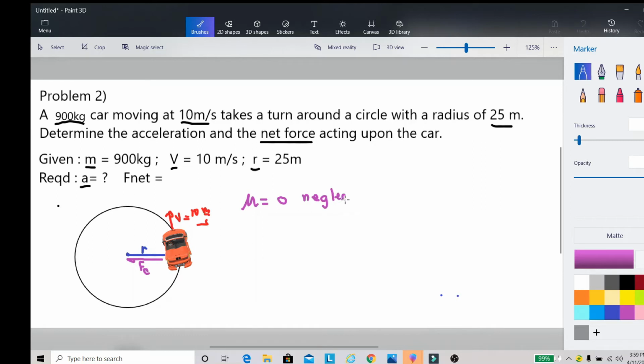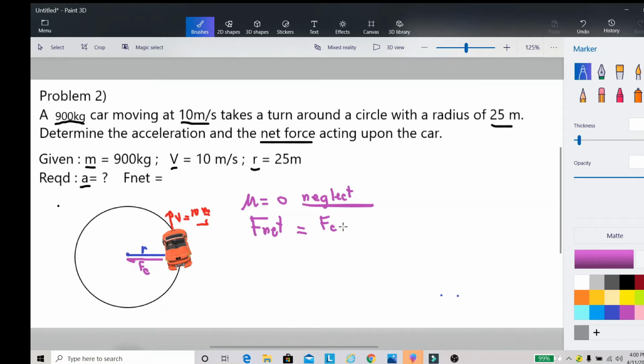Okay. Otherwise, kung may binigay na mu, what will happen is we get the F net. Okay. The F net of that one. But in this case, we do not have mu. We are going to neglect the friction. So the only force that is acting on this one, the net force that is acting on this one is F sub C, which is the centripetal force.